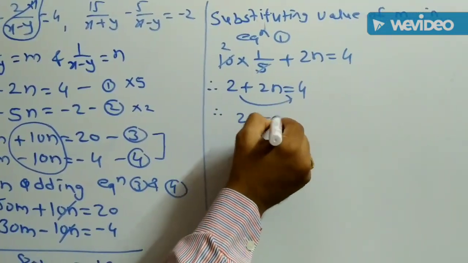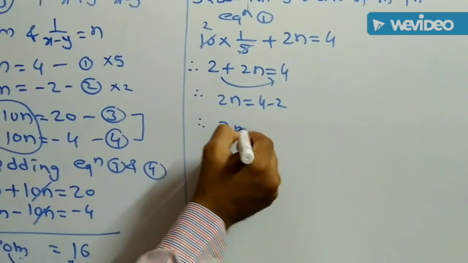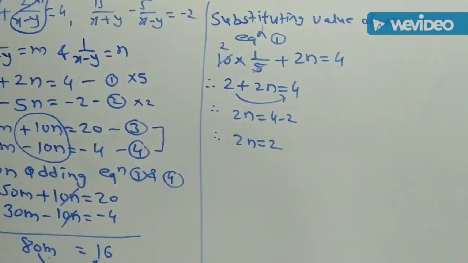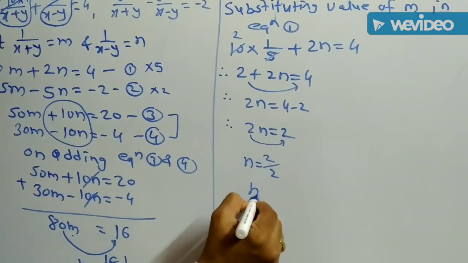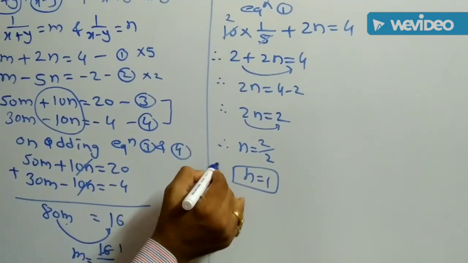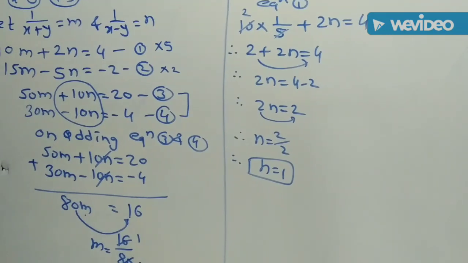Therefore, plus 2 gets converted to minus: 4 minus 2, that is 2. Now multiply this 2 gets converted to division. 2 upon 2 and 2 upon 2, that is 1.